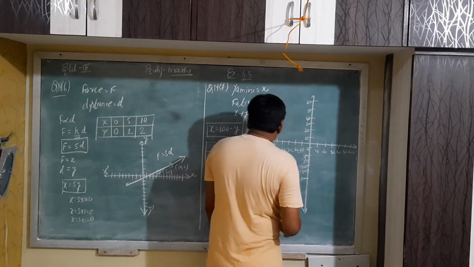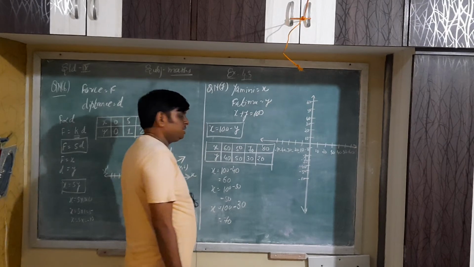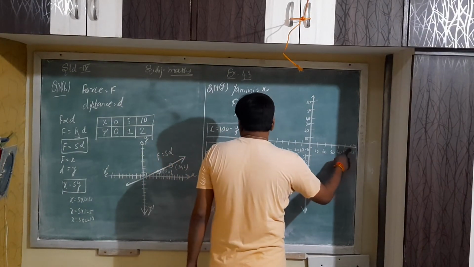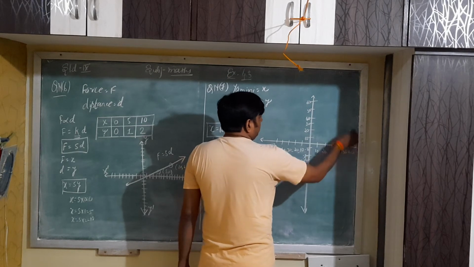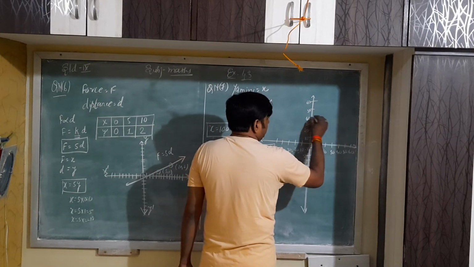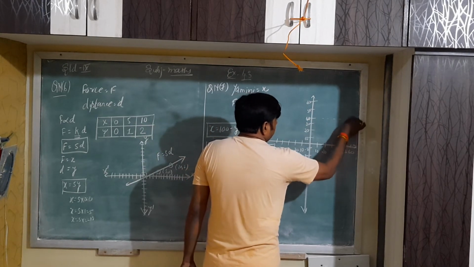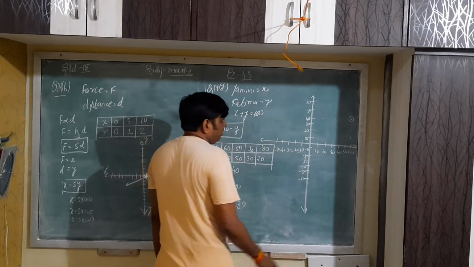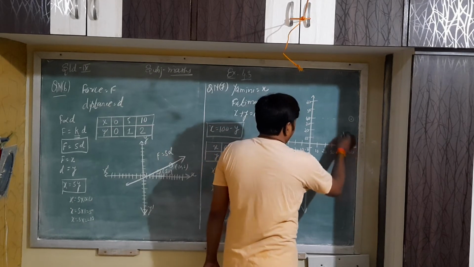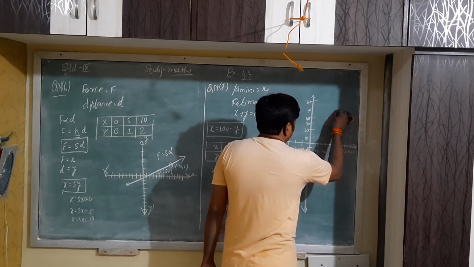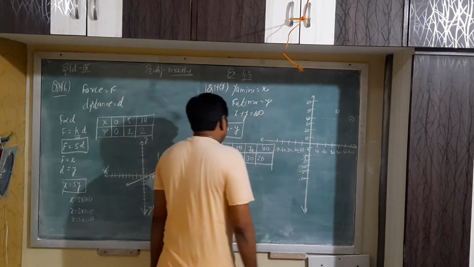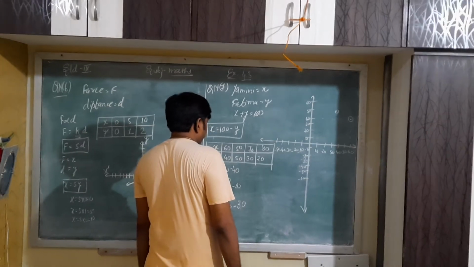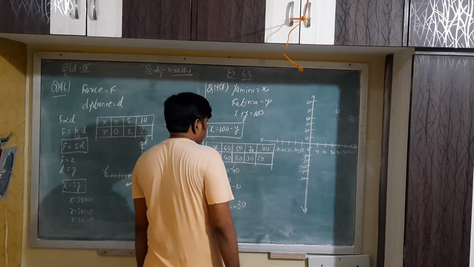Now draw your graph: x equal to 60, y equal to 40, which is the matching place. Second, 50 and 50. Then x equal to 70 and y equal to 30.